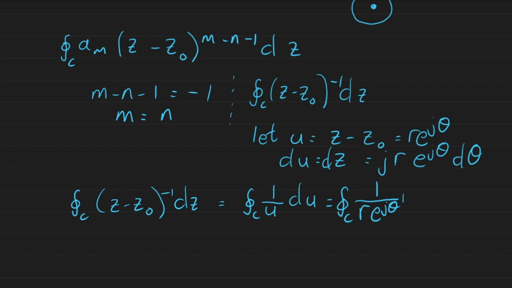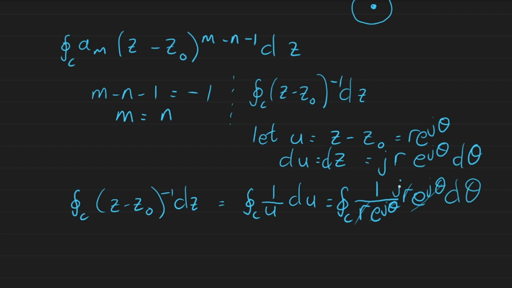So we write that out: we have re^(jθ) times dθ. What do we see? The e^(jθ) terms cancel off. Sorry, there's a j here as well, I just need to write that. And the r cancels off. So all I'm left with is just j.